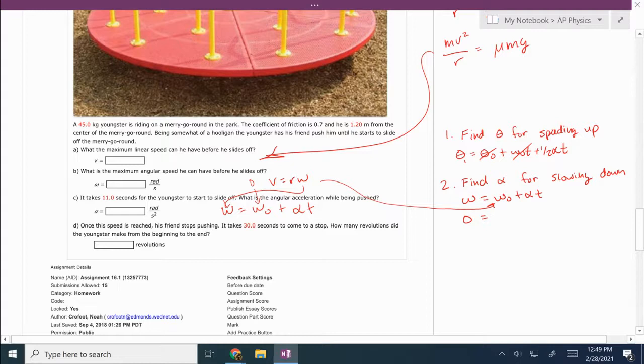So your initial speed in slowing down would be the final speed for part B. Then omega equals that plus alpha t. You should expect alpha to be negative, both in number 5 and in this one. In my particular case, I had 30 seconds for slowing down, so make sure you're using the time for it to slow down.